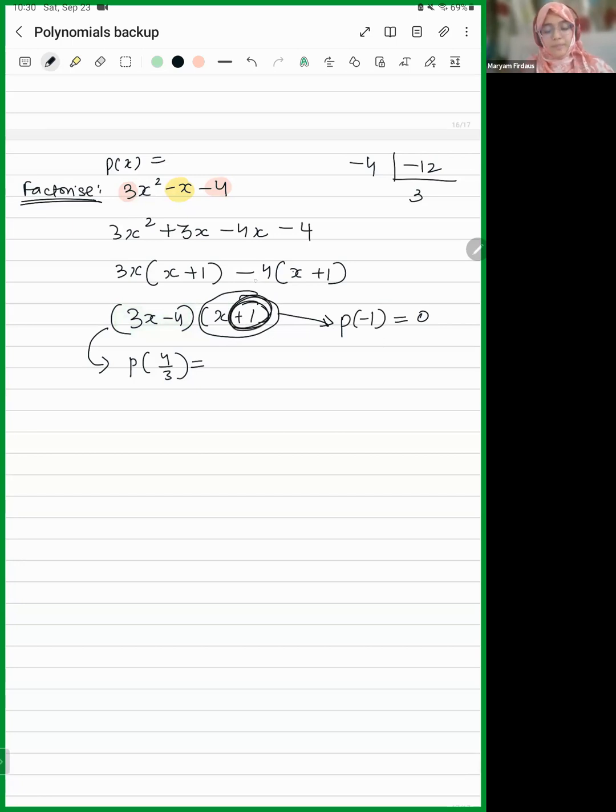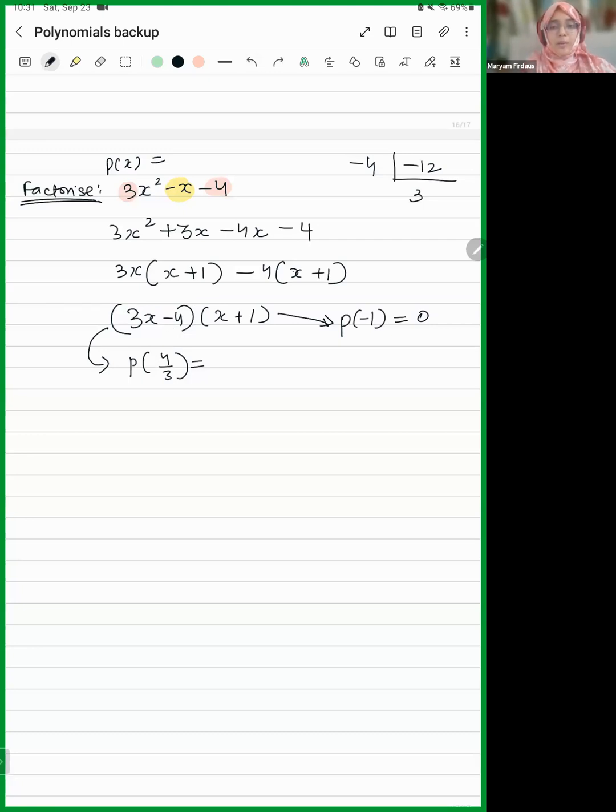Because here it is plus 1. So because of this factor, p of what will become 0? Minus 4 by 3. Now here it is minus 4, so it will become plus 4 by 3, right?